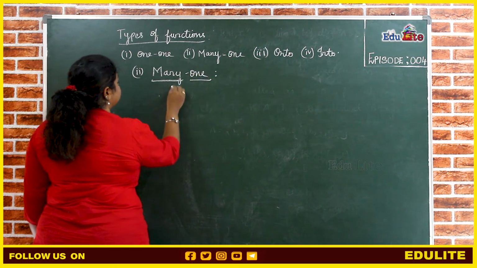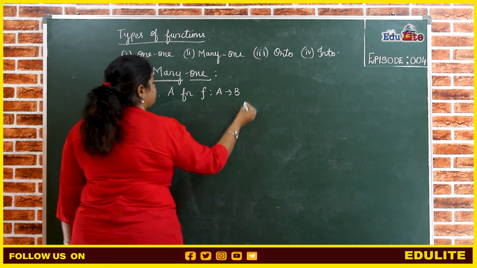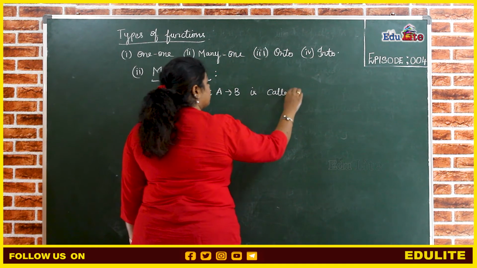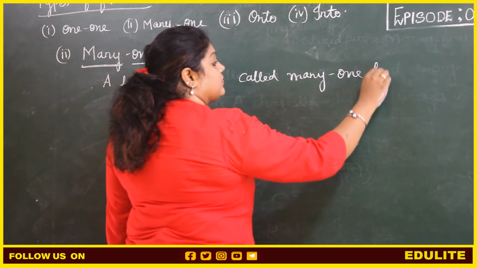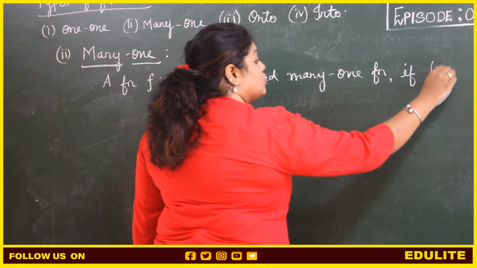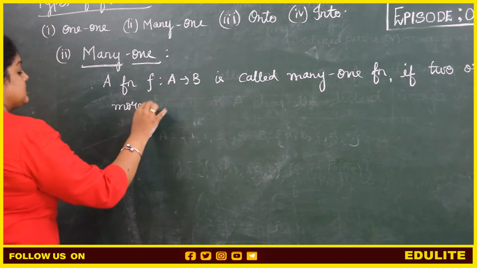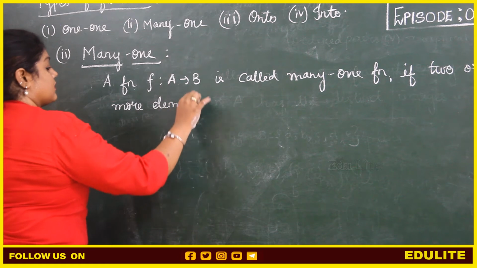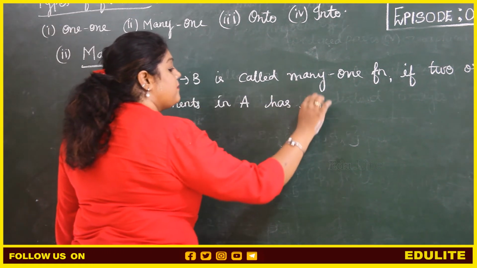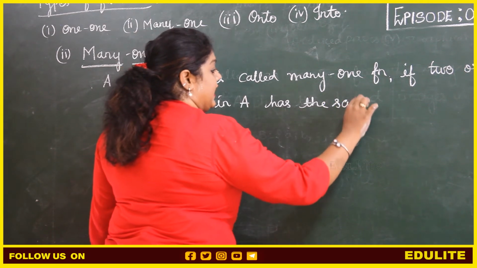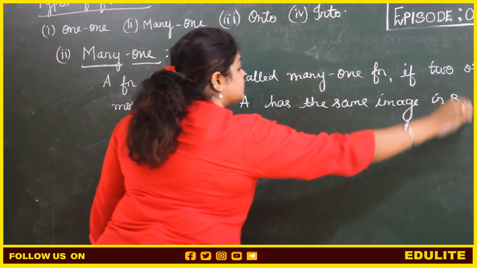A function f, a mapping from A to B, is called a many-to-one function if two or more elements in A have the same image in B. So let us see this with an example.